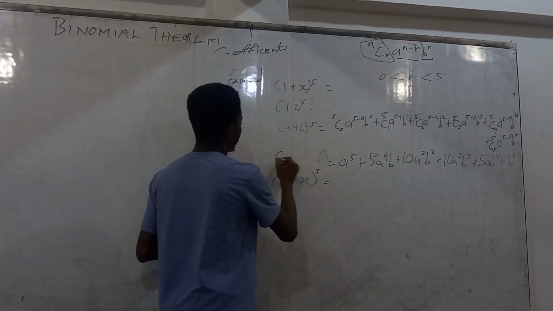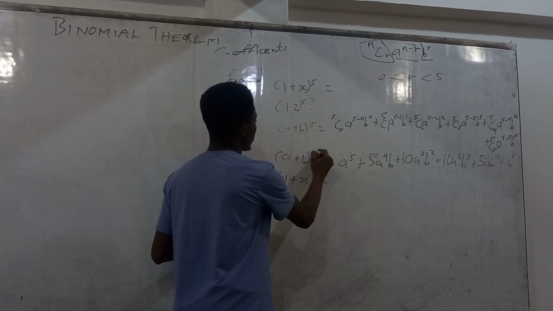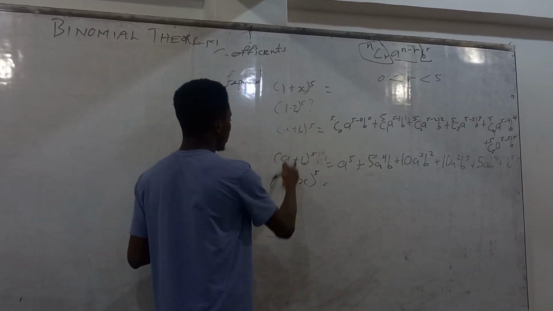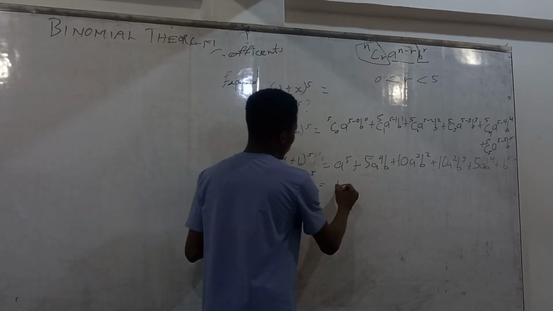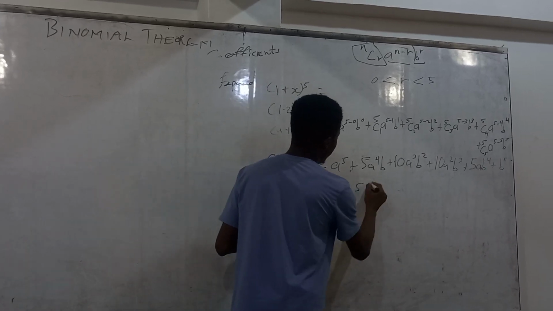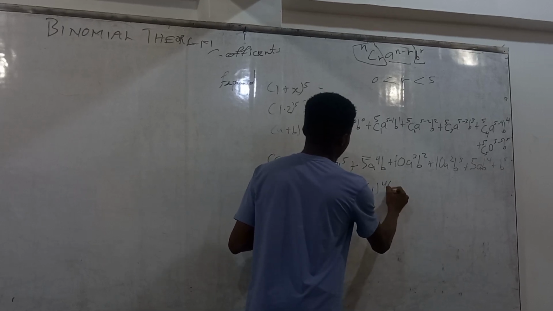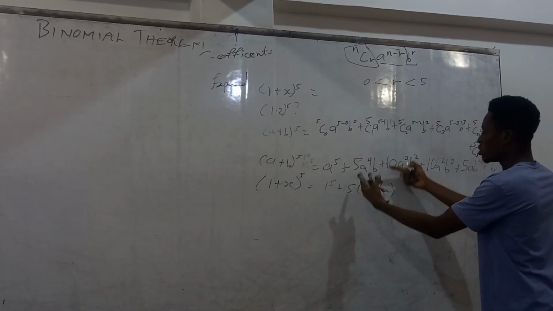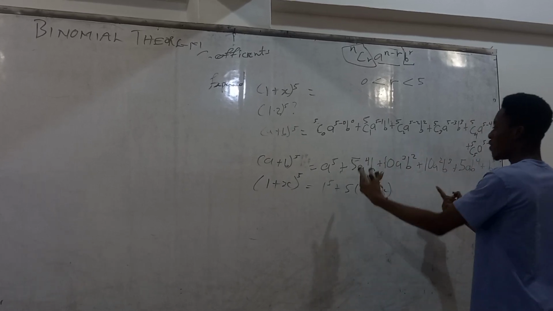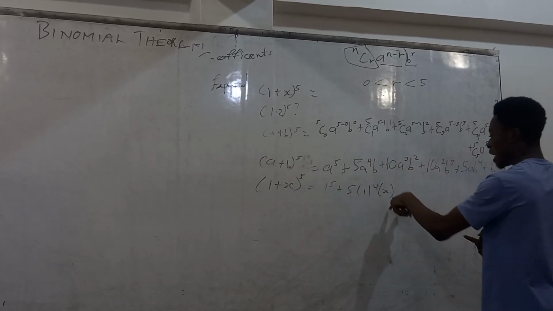You know that this is (a + b)^5, so by comparison, a is 1 and b is x. So you insert the values: wherever you see a, you put 1, and wherever you see b, you put x.